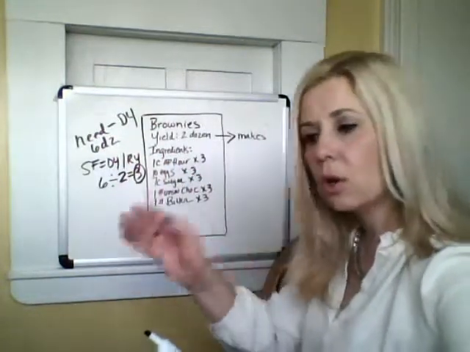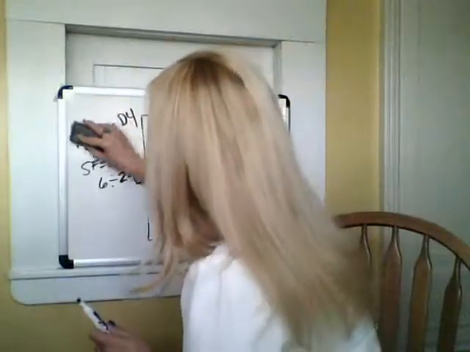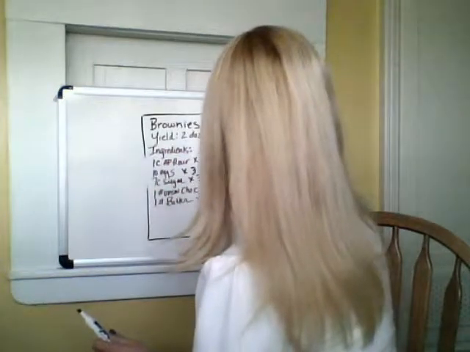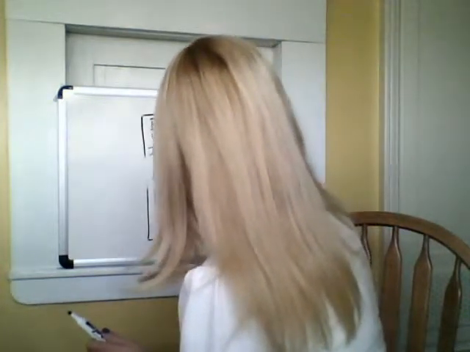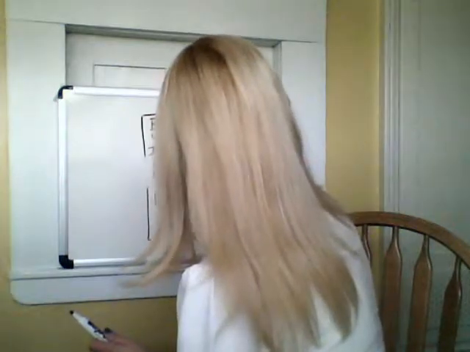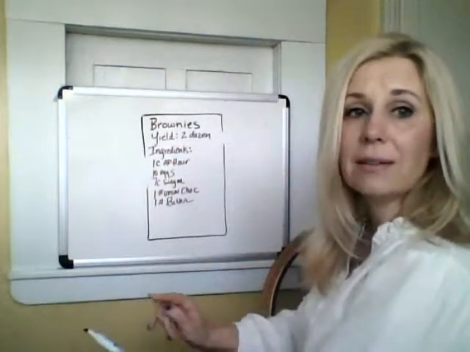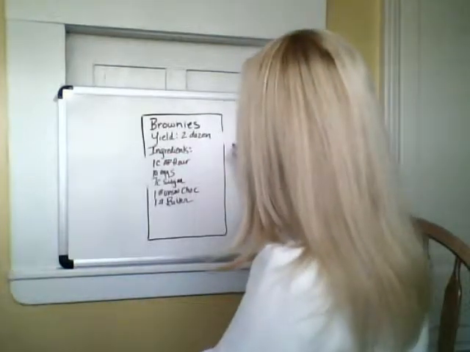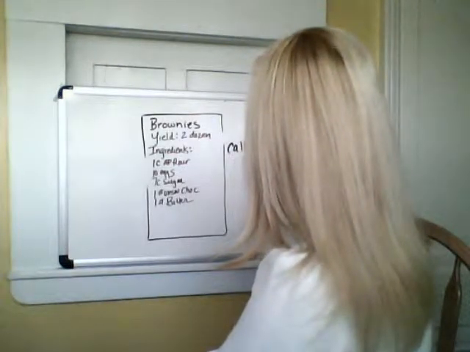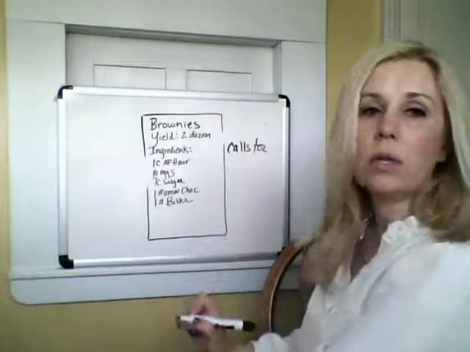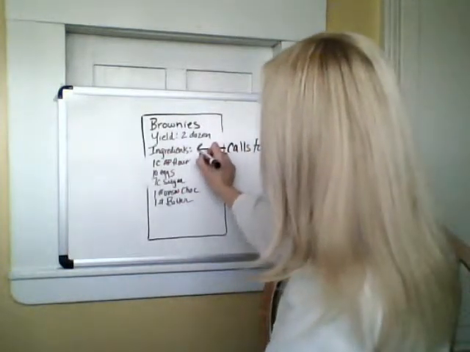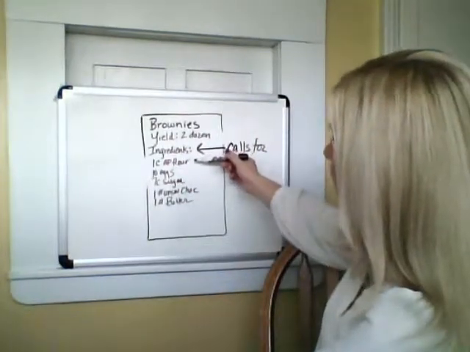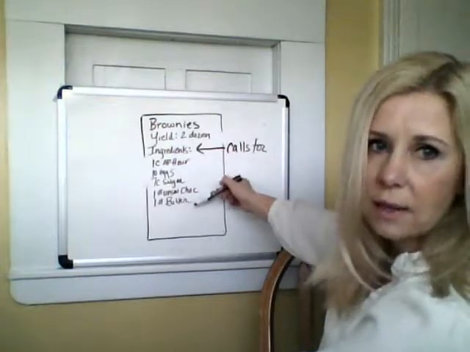Now I'm going to show you another way to look at this. So we have this same recipe. Now, the recipe says that your recipe for brownie calls for. When you see calls for, remember that means ingredients, because to make this, the recipe will call for all of these items.